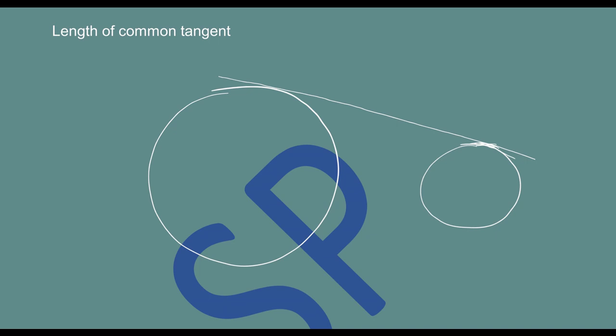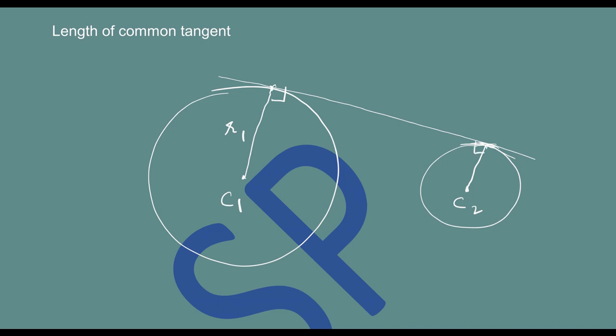Okay, let us see the length of the common tangent. Now this is a direct common tangent as the circles are lying on the same side. Suppose I have a circle here having center C1 and radius R1. If I join the point of contact, we know that it is perpendicular to the tangent. And here I have a circle having center C2, say radius R2.